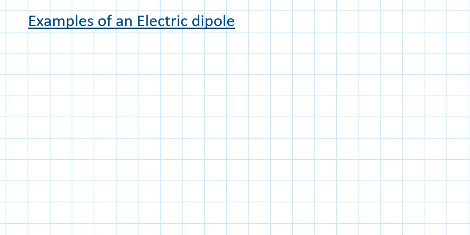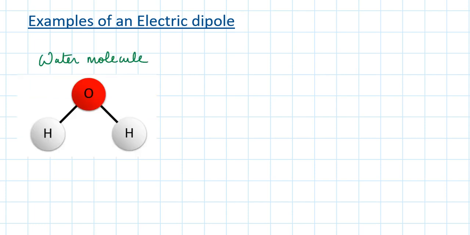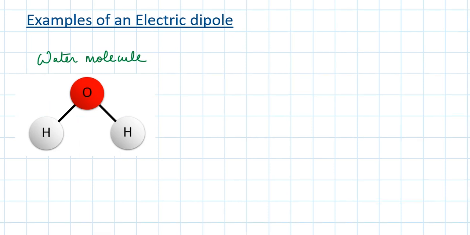The water molecule is one of the best examples of an electric dipole. So let us see why a water molecule, which is neutral overall, is an example of an electric dipole.